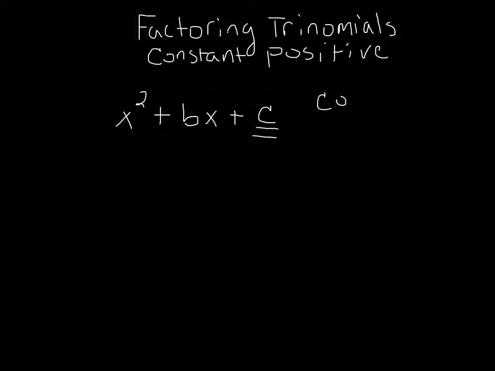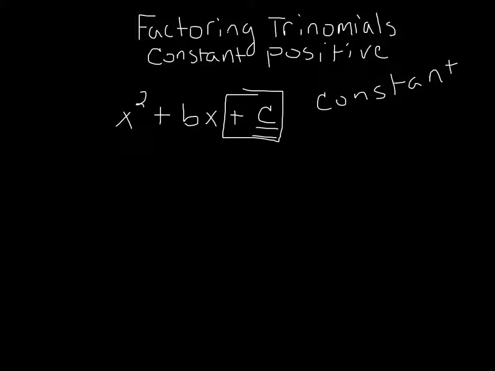You remember a constant is a number that doesn't change. That's why they call it constant. It doesn't have a variable attached to it. What we're going to start off with is when the constant is positive. So we're focused on a positive constant, and it says c is greater than 0, which means positive, right?